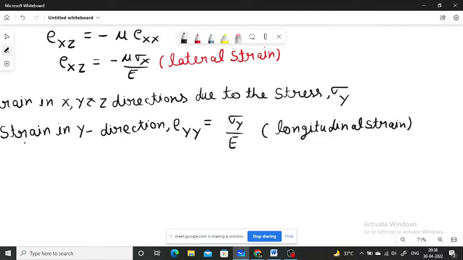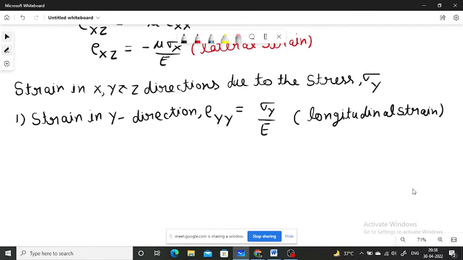Okay. Now strain along y-axis, and strain along x-axis and z-axis will be the lateral strain.